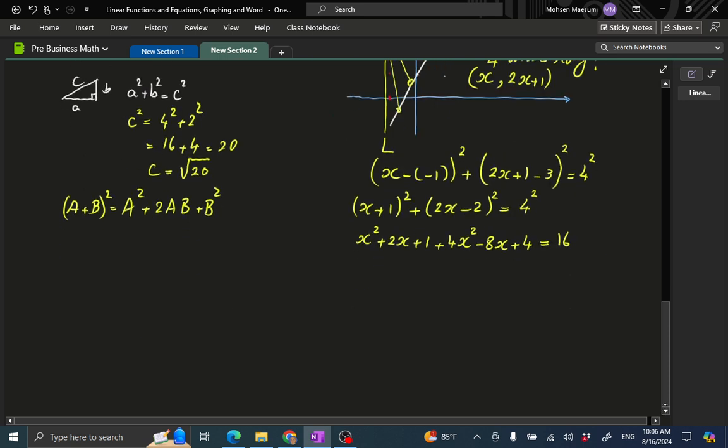Now we have to clean up. So x squared and 4x squared is 5x squared. 2x minus 8x is minus 6x. 1 and 4 becomes 5. Bring 16 to this side, becomes minus 11.